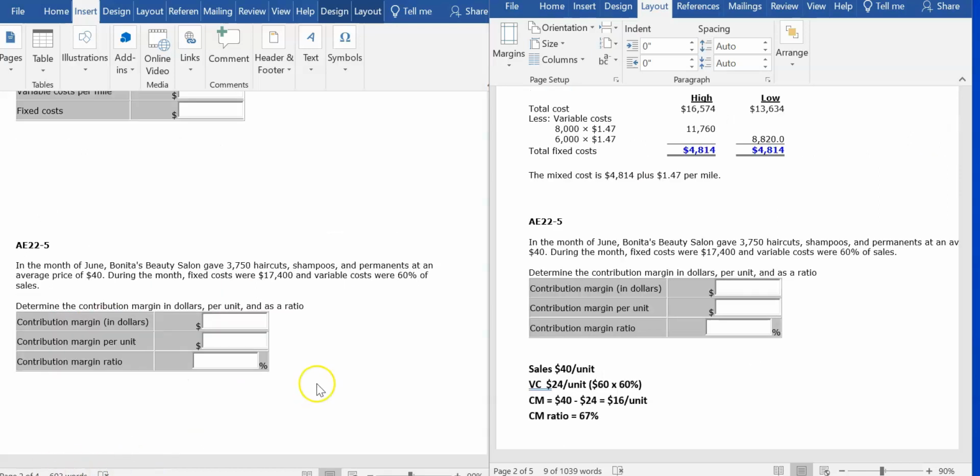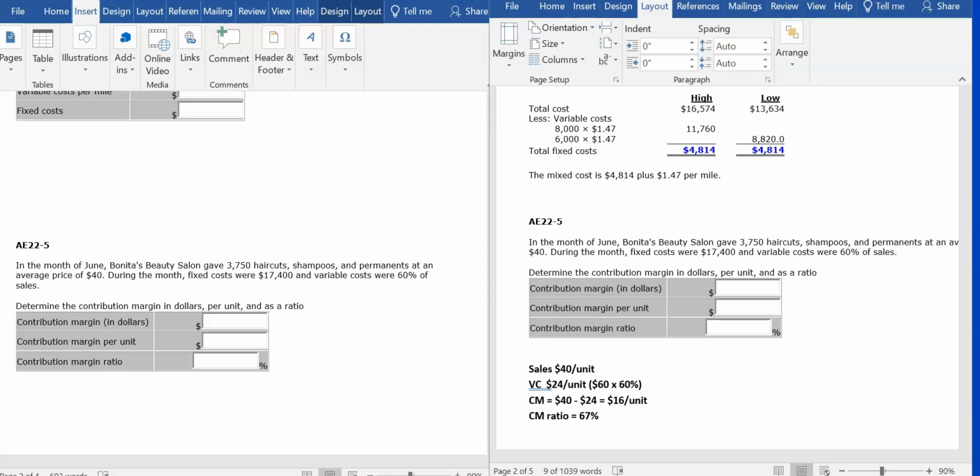The reason it's important to be able to break out a mixed cost into variable and fixed portions is that in order to apply this cost volume profit analysis, we need to be able to break all of our cost into variable cost and fixed costs. What that means is that mixed costs need to be broken out.